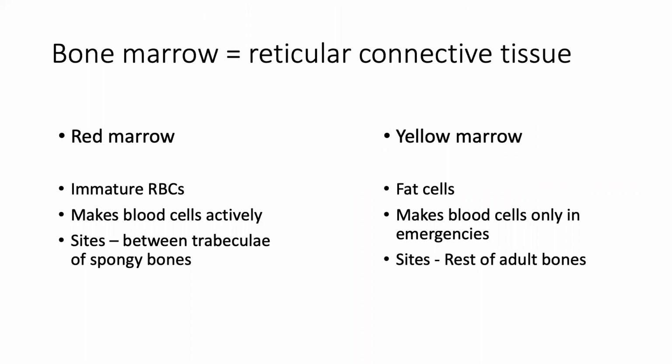So we always hear about red marrow and yellow marrow. What is red marrow? In the red marrow, we have immature RBCs. They make blood cells actively, and their sites are between the trabeculae of spongy bones. Yellow marrow, inside the marrow cavity, is mainly filled with fat cells.